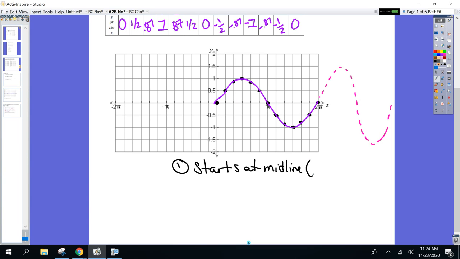Which was for us, I'm just going to put in parentheses, 0. Starts at the midline, 0. Okay, tell me where it went from there. Start following the curve now. Started at the midline, went up to where? Okay, anybody give me a nice mathematical vocabulary term for that highest point on the graph? Close.